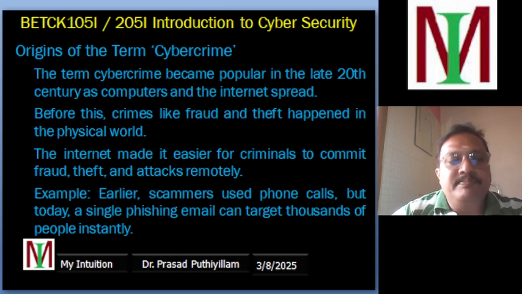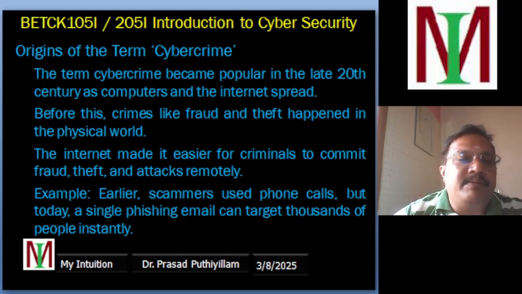For example, in the past, a scammer had to individually call or meet people in person, convince them or fool them and cheat them. Now, just a single mail, called a phishing email, can target thousands of people at once, tricking them into giving away their passwords or banking details.